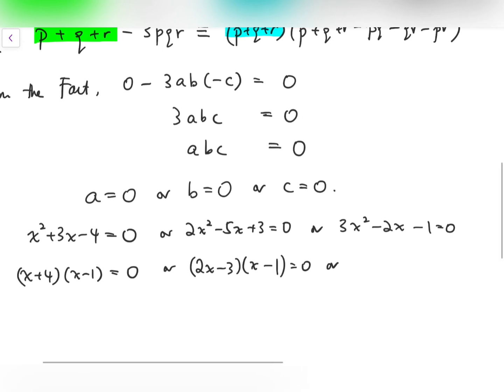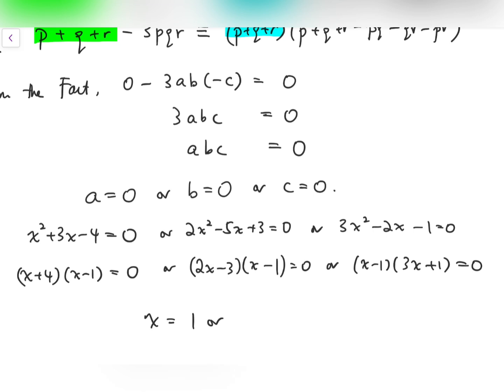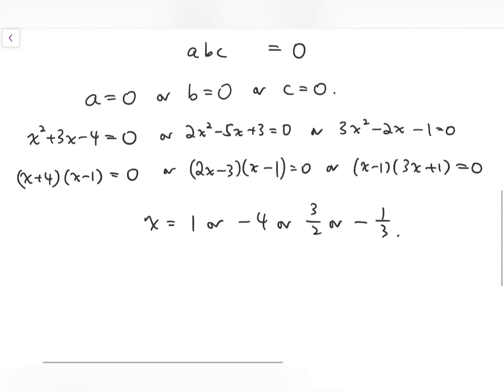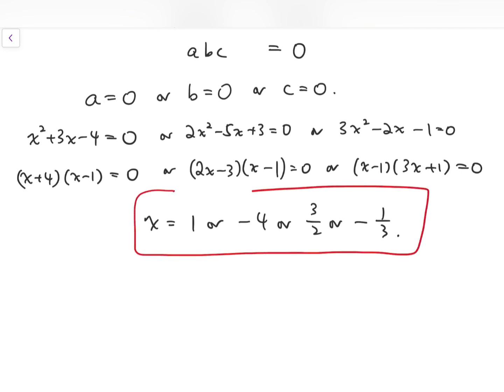It seems that all three quadratics contain the factor x minus 1. So we can conclude that x is either 1 or, from each of the quadratics, one of minus 4, and the other is 3 over 2, and the last one is minus 1 over 3. If you put them all into the equation, you can see that they are valid solutions. So this is the final answer.